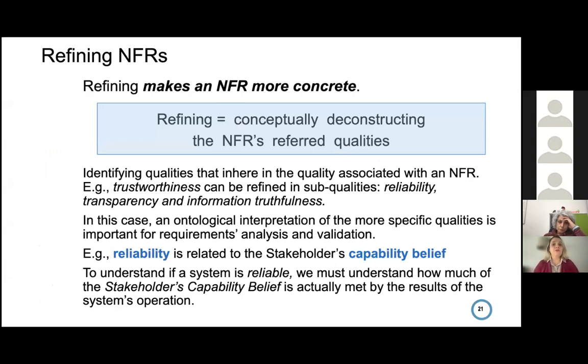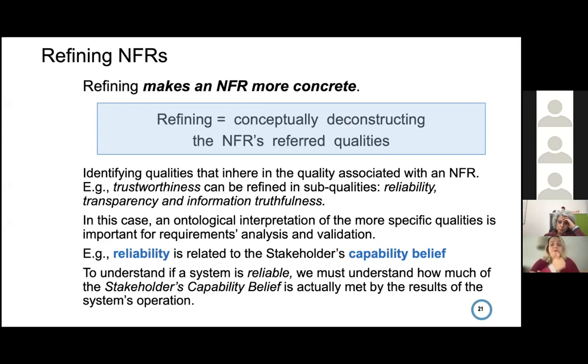So refining means conceptually deconstructing the NFR's referred qualities. So you will understand which sub-qualities that quality has. In the case of trustworthiness, the first intuition we had is that trustworthiness is really related to reliability, transparency, and information truthfulness.